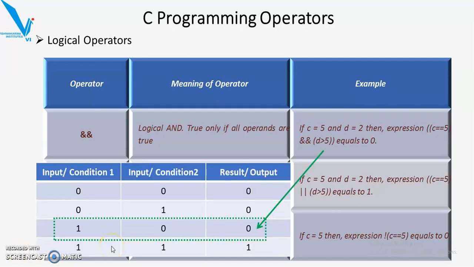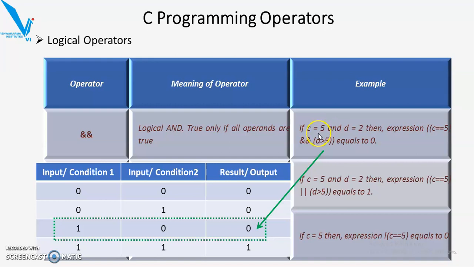In the logical AND operator, if all the operand input conditions are true, that is non-zero, then it gives true at the output, that is 1. If any of the operand input or condition is 0, then it produces 0 at the output.